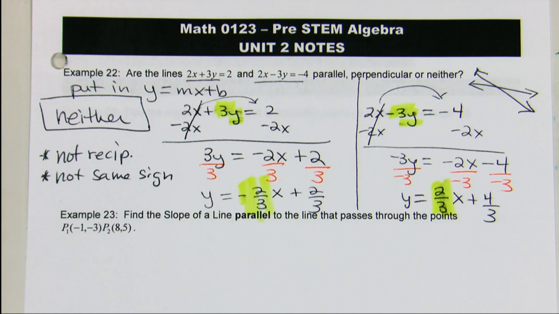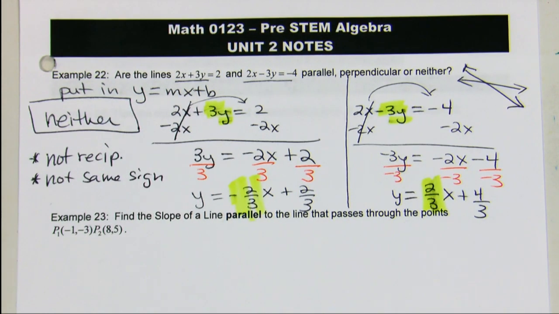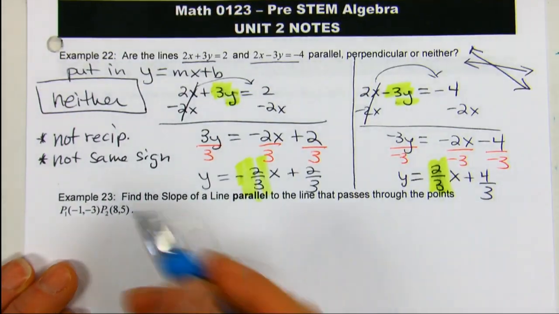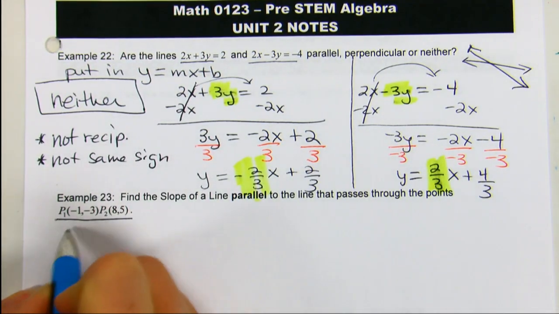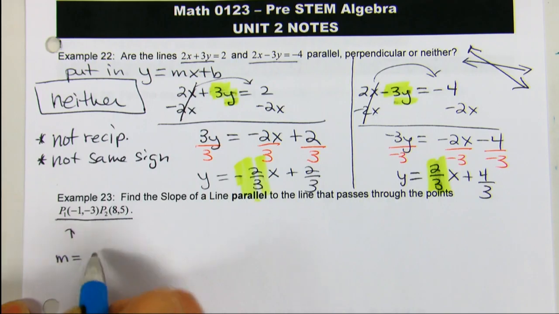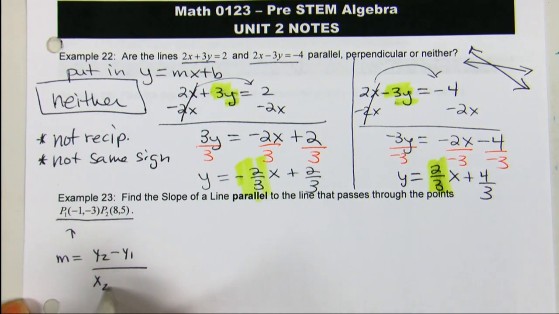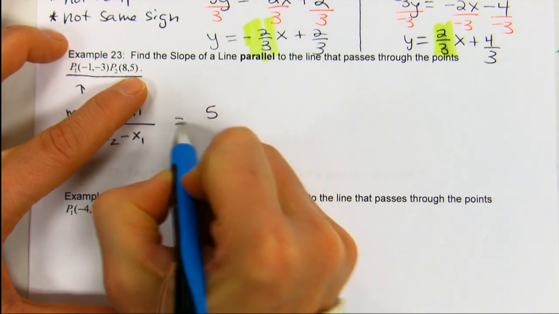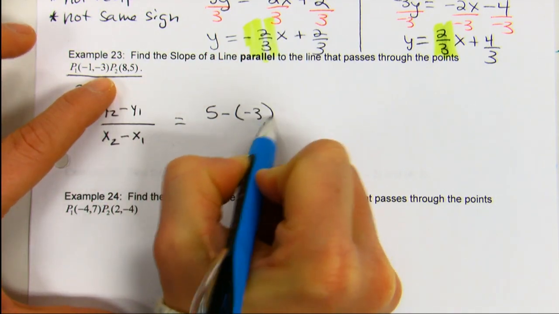So you might have a question that says find the slope of a line parallel to a line through these points. If you do, that means we need to first find this slope. Remember, the slope is taking your second y minus your first y, over your second x minus your first x. So I'm taking 5 minus a negative 3.